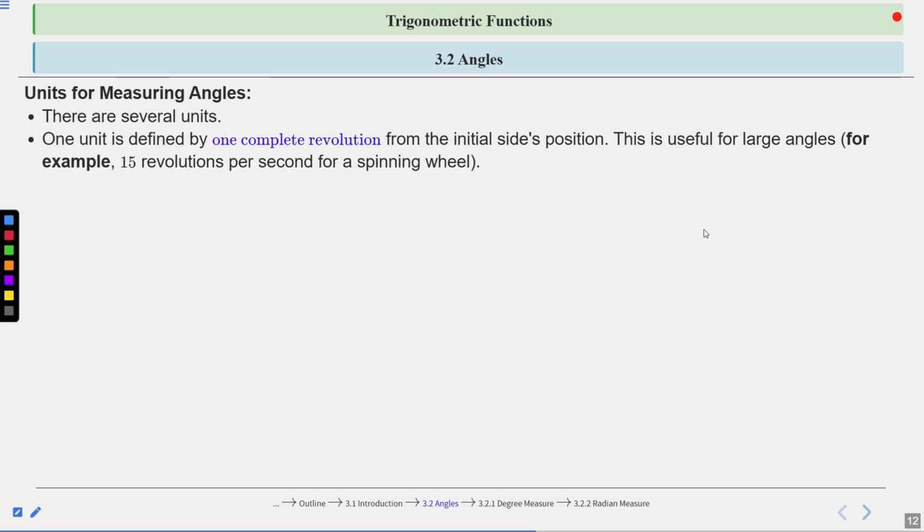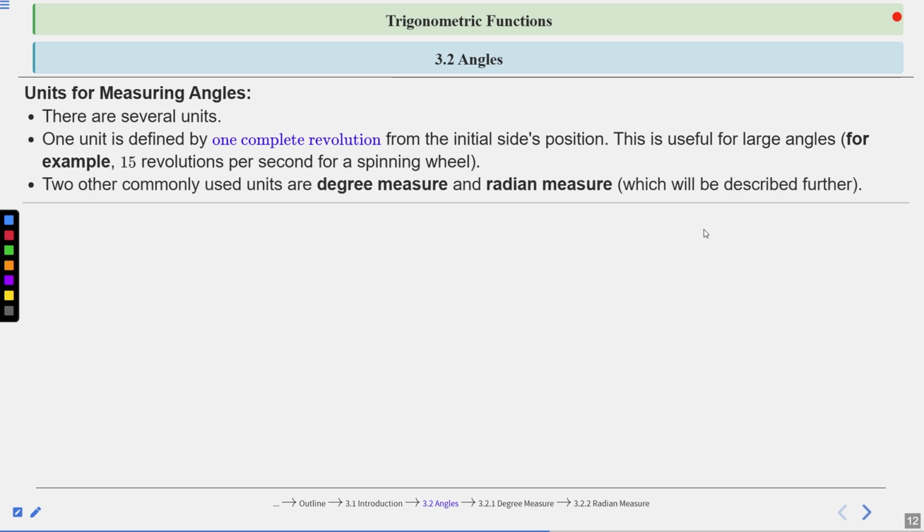If you have a wheel that is rotating, that means revolutions. So how many times is this wheel revolving at its axis? In this particular example, 15. Clear? So this is one way to represent the movement of your angle. So 15 revolutions per second.